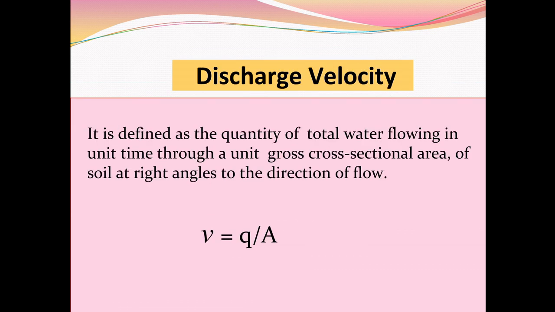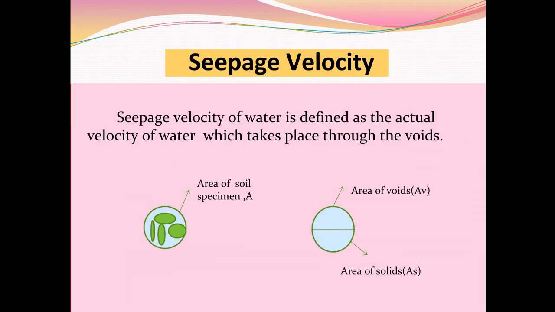Coming to what is meant by discharge velocity: it is defined as the velocity of water flow through the soil mass, taking place through the cross-sectional area of the soil mass which is perpendicular to the direction of flow. Then v is equal to Q by A. Seepage velocity of water is defined as the velocity where the flow takes place through the area of voids.